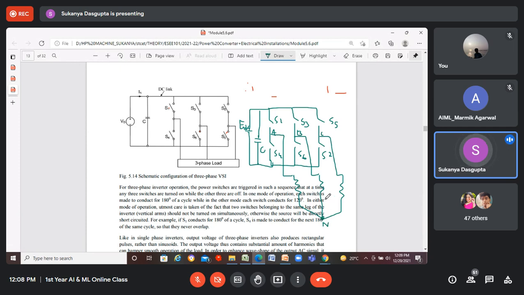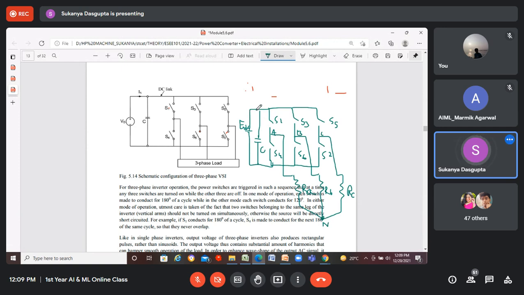This is the neutral point, right? This is for phase A, RA. This is for phase B, say RB, and this is for phase C, RC. This is the load, the 3-phase load, which is a star connected load. So it has a common point, the neutral point, marked as capital A over here, right?